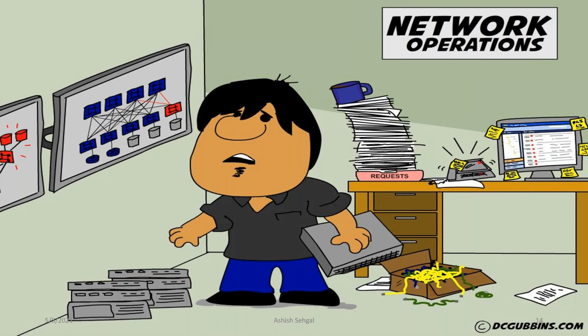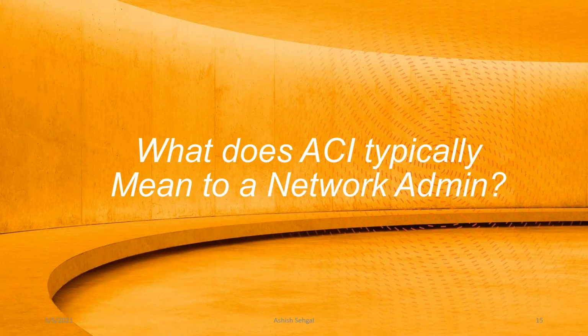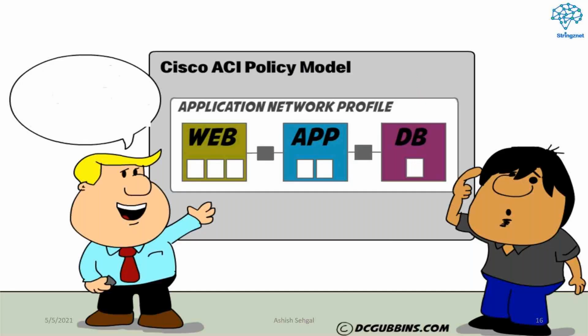So far, this has become our status of network operations. An operations engineer is loaded with tons of requests and tons of information, and it becomes very difficult for him to arrange. So what does ACI typically mean to a network administrator?